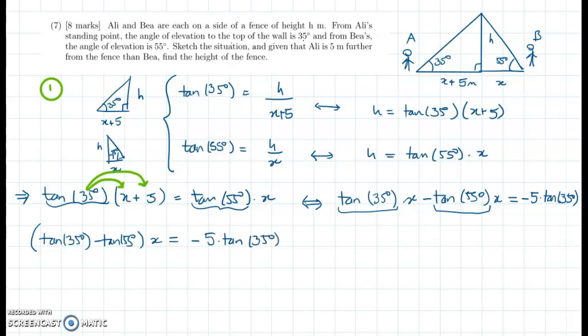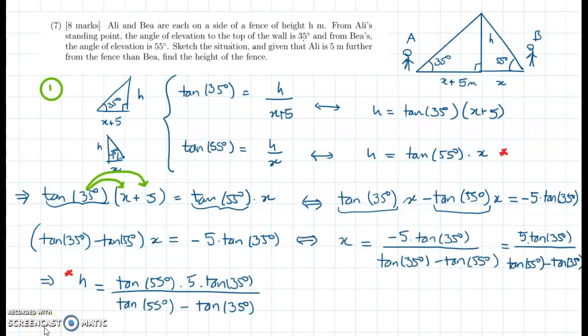What were we trying to do? Well, we were trying to find the value of x. We are very close to being able to isolate x. So I suggest that at this point you stop the video and you try to find what x would be and then what h would be to finish the problem. But I think from now on you should be able to do it alone.